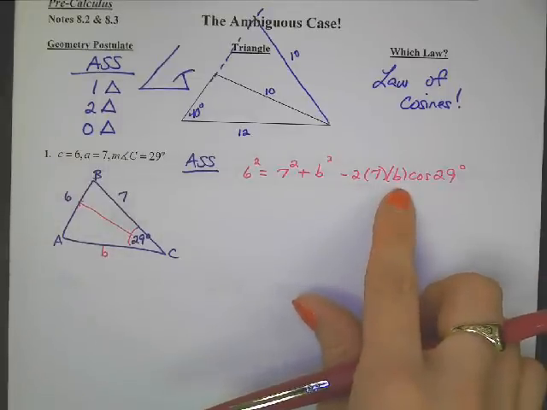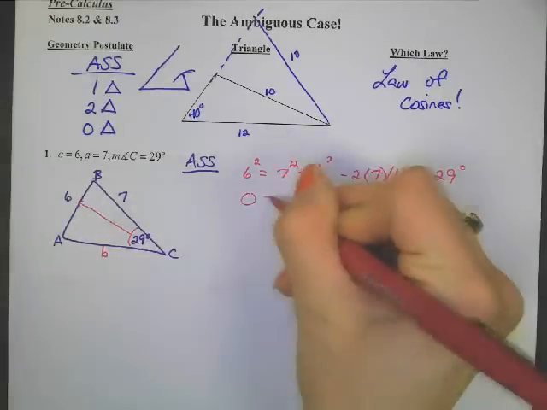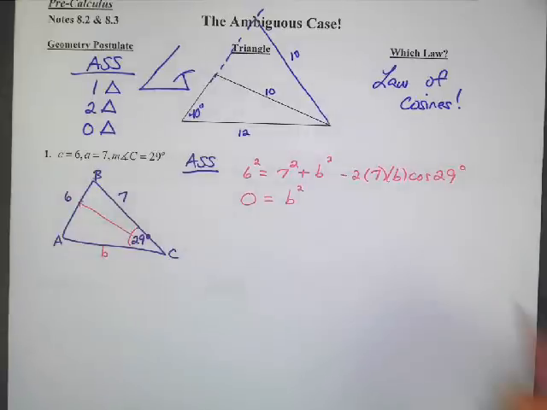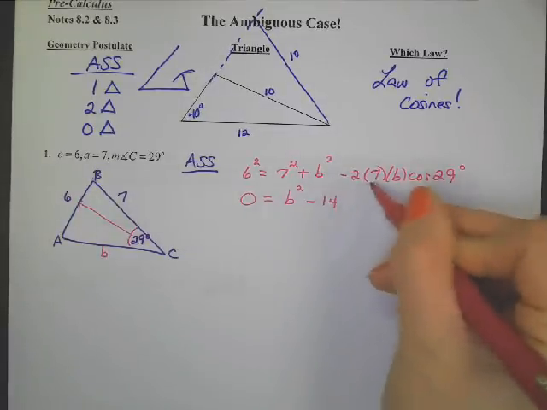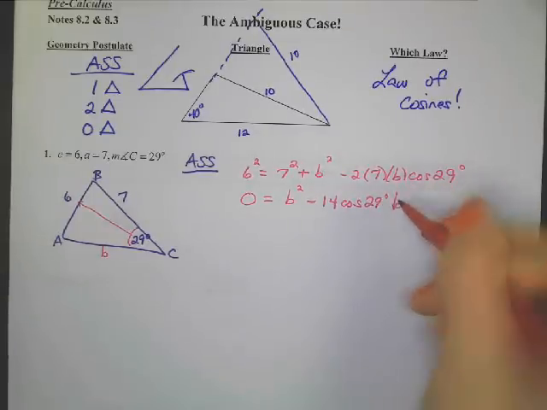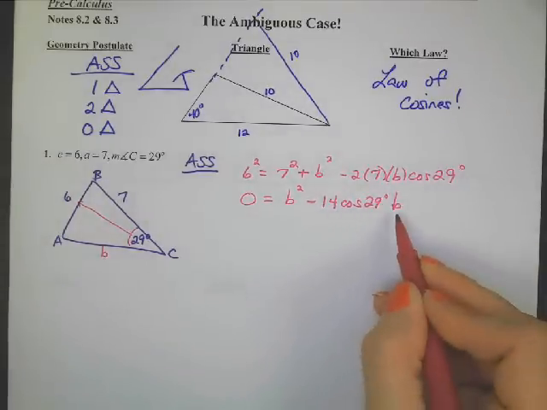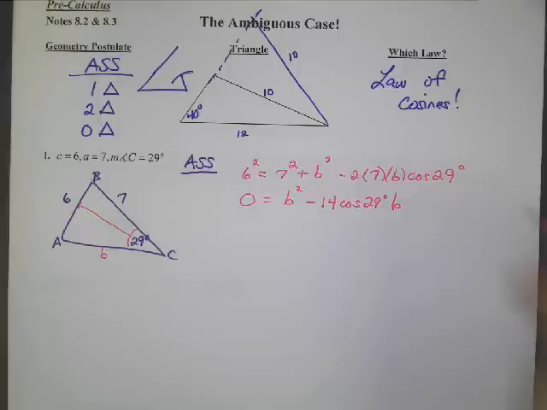This is a quadratic equation. We're going to put this in descending order, and I'm going to put everything to the right. B squared, minus 14, let's put cosine of 29 degrees first, and then the b. So that's the coefficient in front of b. And then what's 7 squared minus 6 squared?